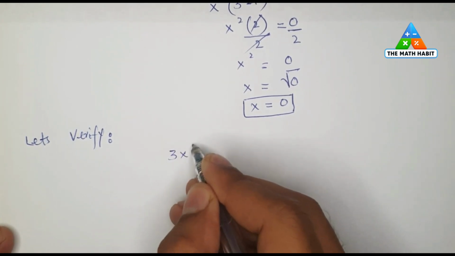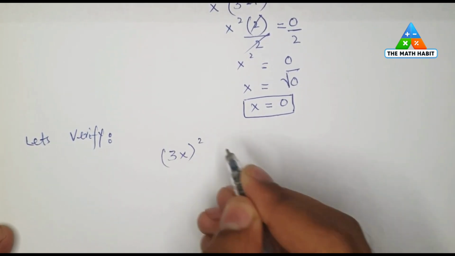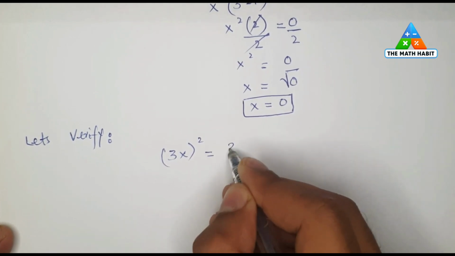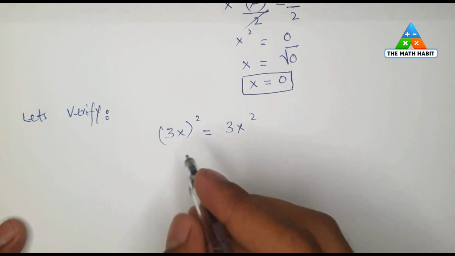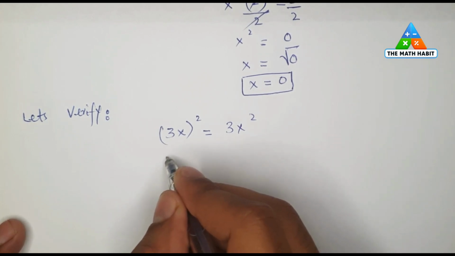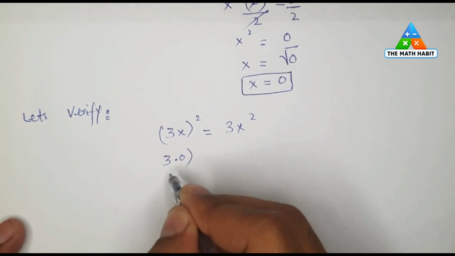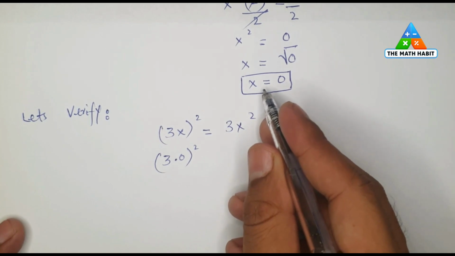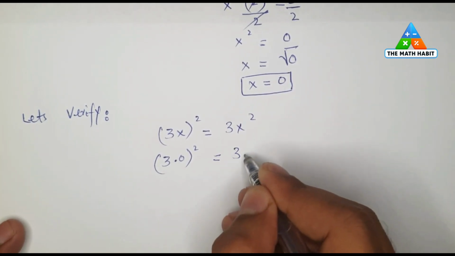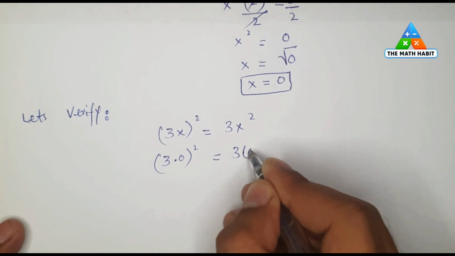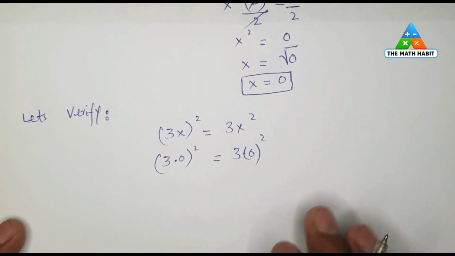So the question was (3x)² = 3x². By putting the value of x, 3 into 0 whole square, as the value of x we have found is equal to 0, is equal to 3 into 0 squared.